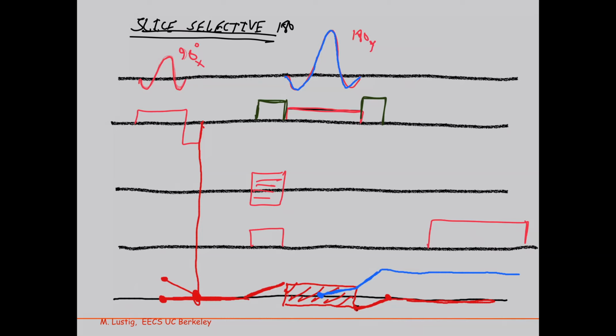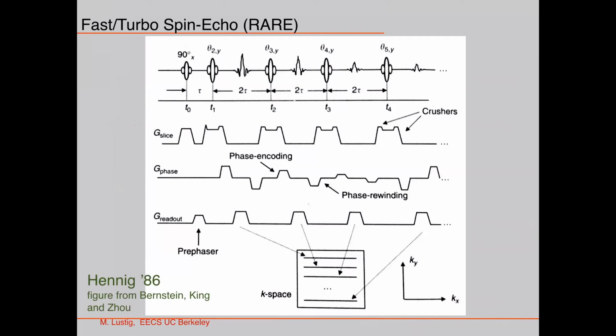And then I can do that, I don't know, 100 times. And if my spins have a long T2, I will still be able to create an image because they won't decay. So the sequence is called fast spin echo, RARE.